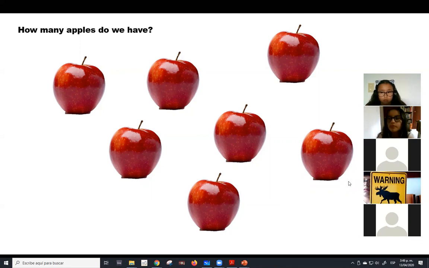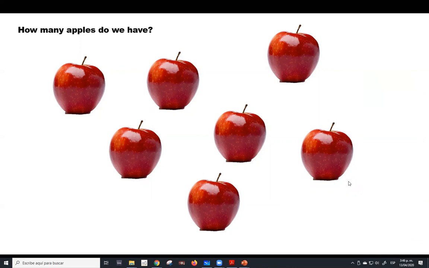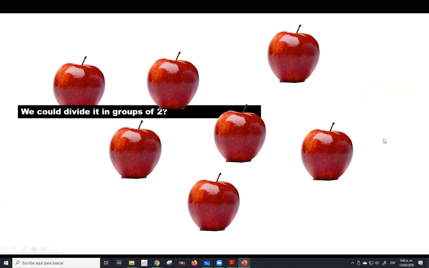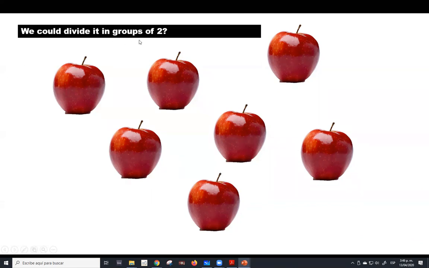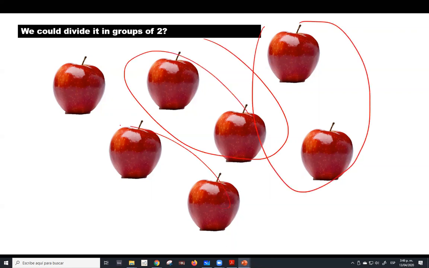Okay, so Valderrama, here we have 7 apples, and I have a question. Can you divide it in groups of 2? What do you think? Yes, because here we have this group, this group, this group, and actually no, Santiago. No, because this one is alone. This one is forever alone. Look, this one has a couple, this one also, and this one is alone. So you cannot divide it in 2.